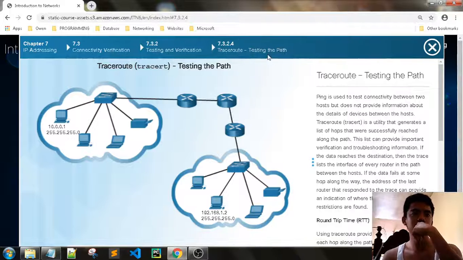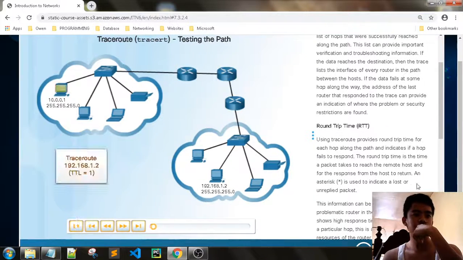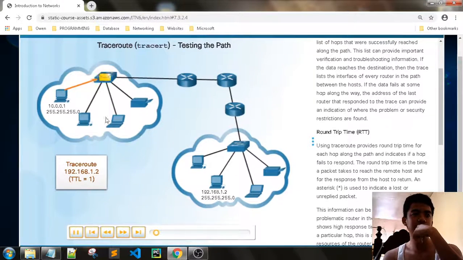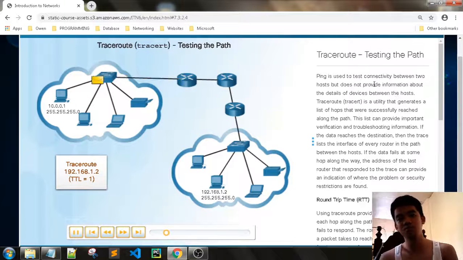Traceroute, testing the path. We use this for testing the path of our packets. Ping is used to test connectivity between two hosts but does not provide information about the details of the devices between the hosts.